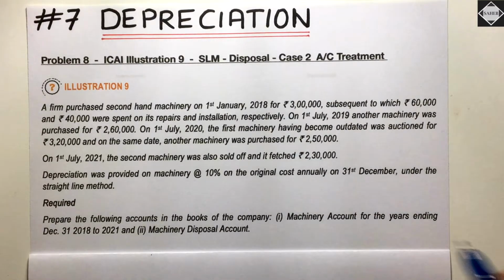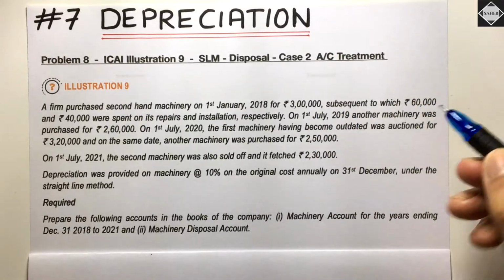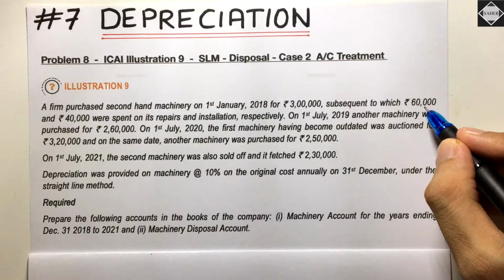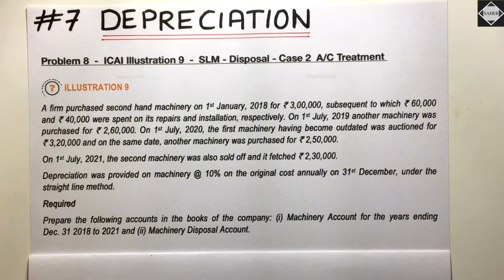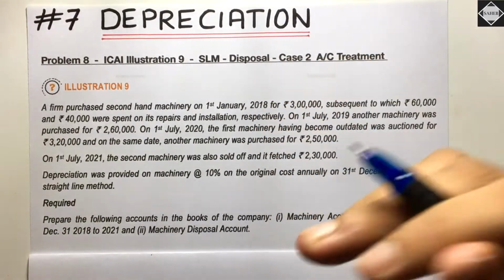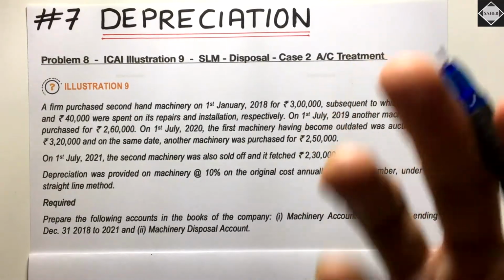Now here, they have purchased a second-hand machinery of 3 lakh, and then to install that they have spent 40,000, and to repair that they have spent 60,000. Now you might think, sir, you have told us that repair is revenue expenditure. Understand properly. Whenever you purchase a second-hand asset and you are repairing it for the first time, you are making the second-hand machinery available to use.